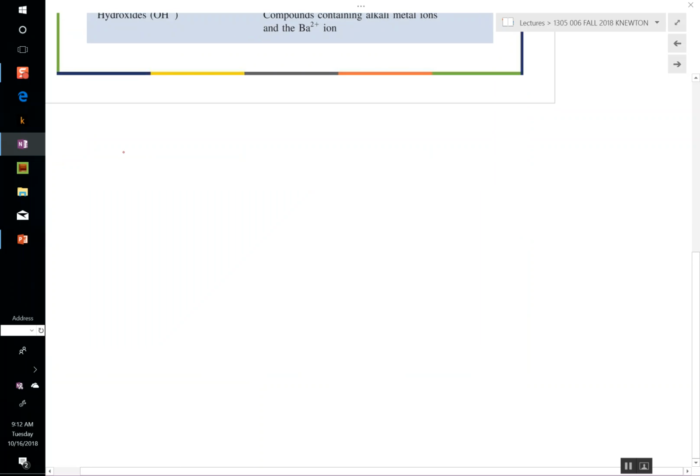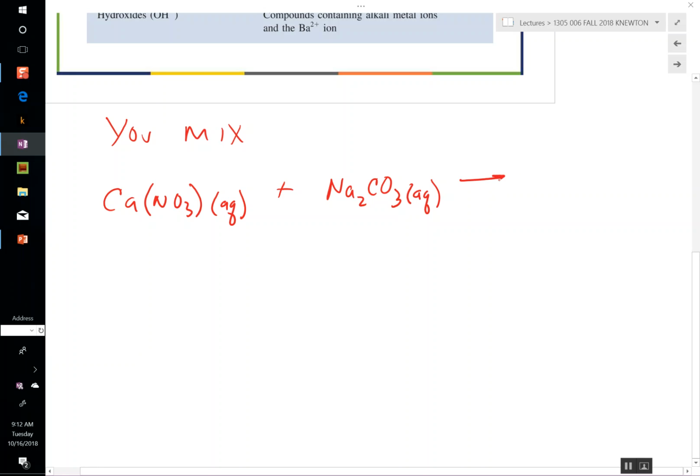You could be given the question, you mix calcium nitrate with sodium carbonate, and it might ask you to complete that reaction and predict whether a precipitate would form.